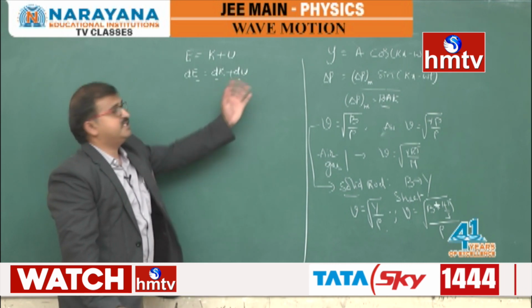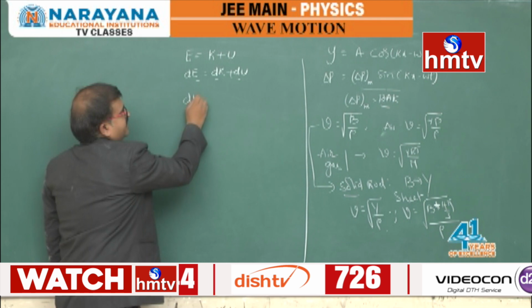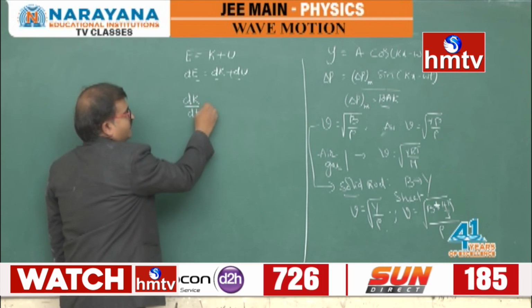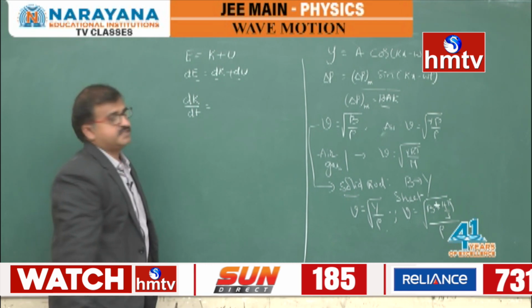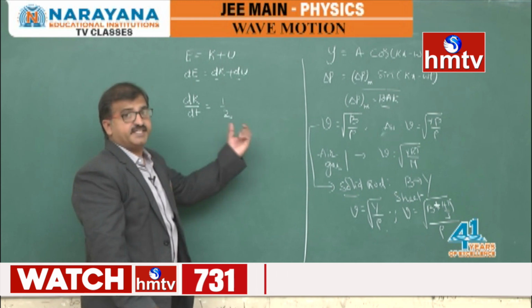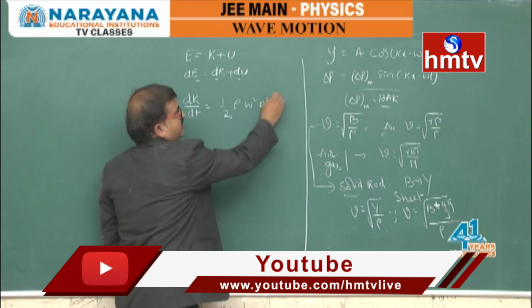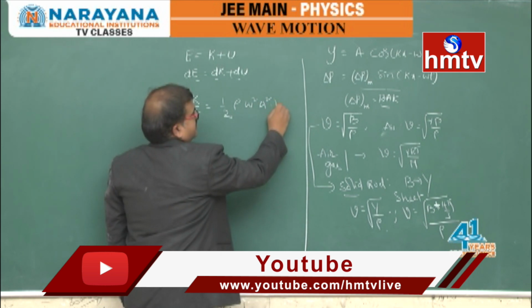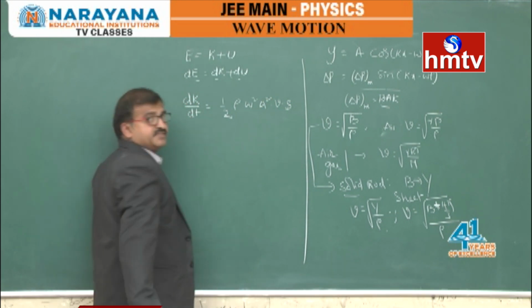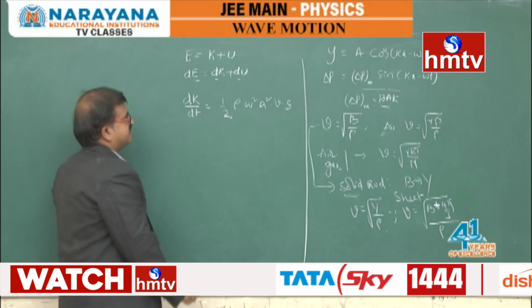These are similar to the transverse waves we considered. The rate of kinetic energy transmitted is half into rho into omega square A square times V into S, where S is the cross section through which the energy is transmitted.